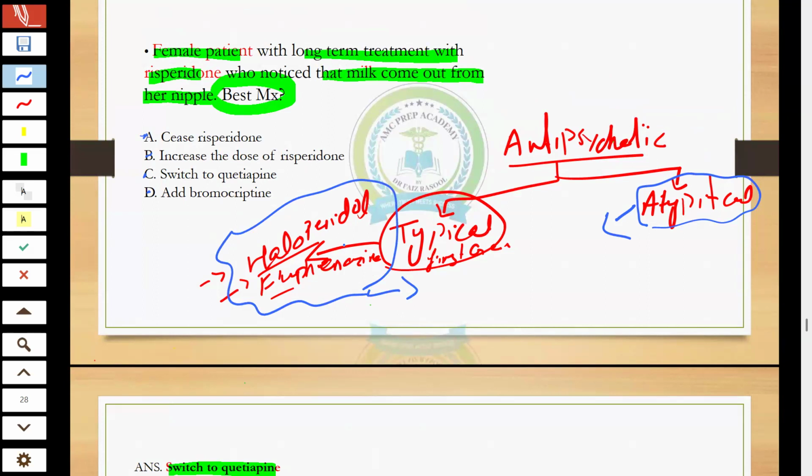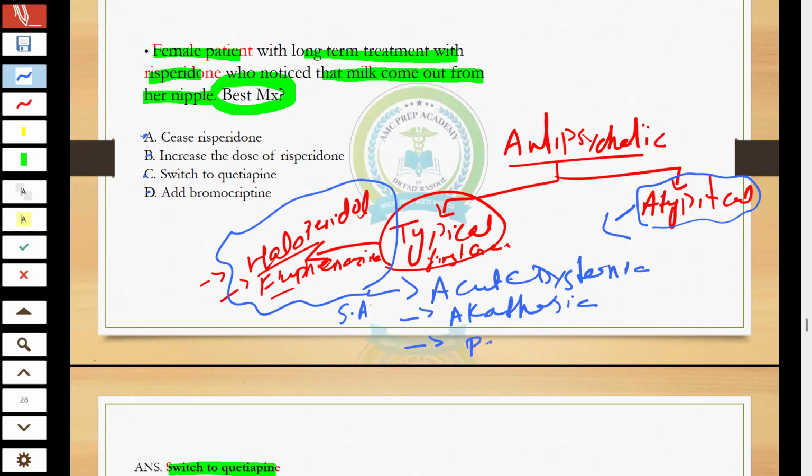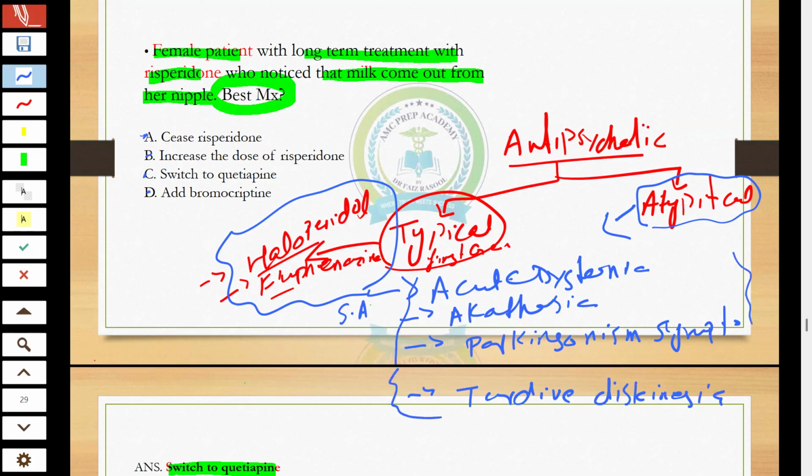For typical antipsychotics, we have haloperidol and many other drugs, and the side effects are important: the patient can have acute dystonia, akathisia, Parkinson-like symptoms, and tardive dyskinesia, and every symptom has a different type of management.